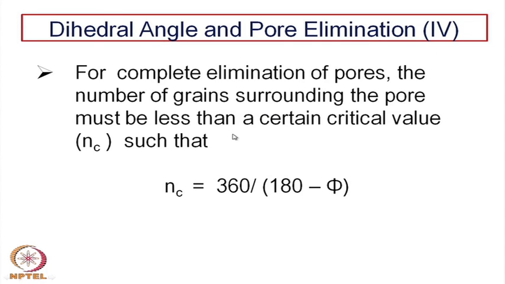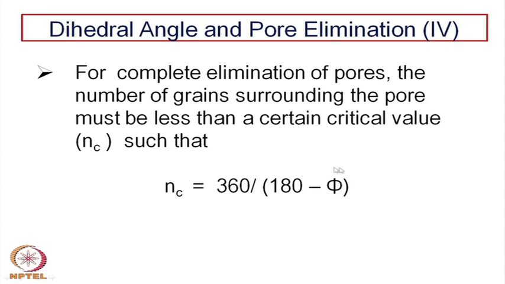For complete elimination of pores, the number of grains surrounding the pore must be less than a certain critical value, NC, such that NC equals 360 by 180 minus phi. So, this is also important, how many grains are surrounding a particular pore.